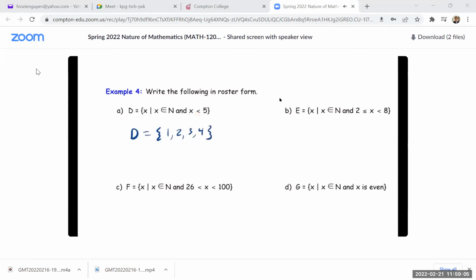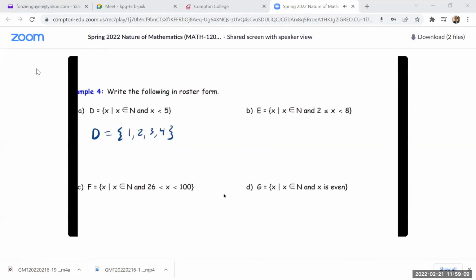The next one is E. Which one would this start at? 2 through 7. Very good. If it has the equal, you have to include it. If it does not have the equal, then you do not include the last number.